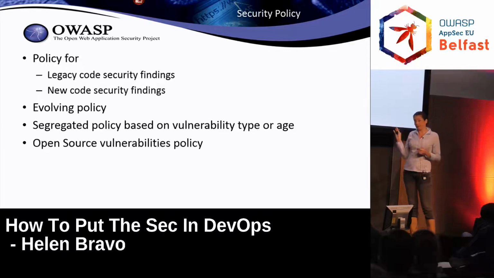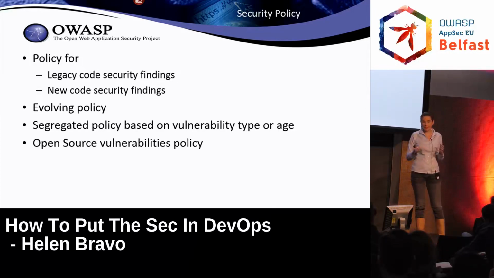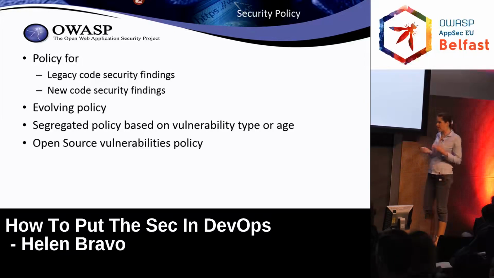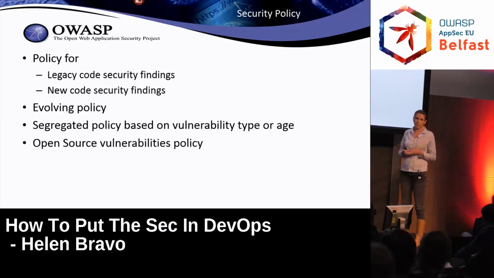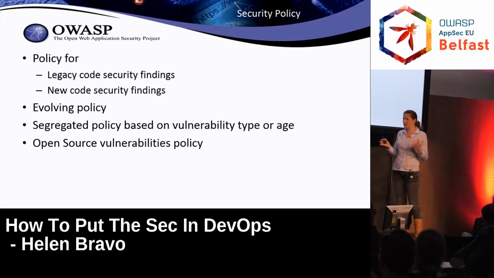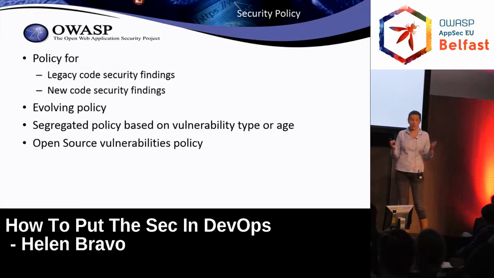Another important aspect to be taken care of is open source. Open source security is surprisingly a relatively new part of the whole process. And it's actually surprising because open source has been here for years, more like, I don't know, 20 years now, or more.